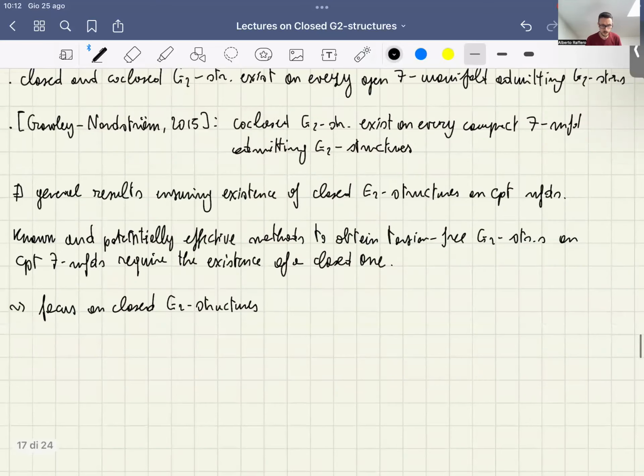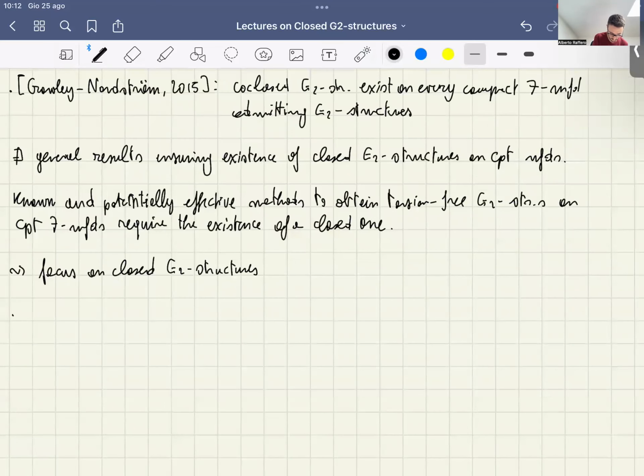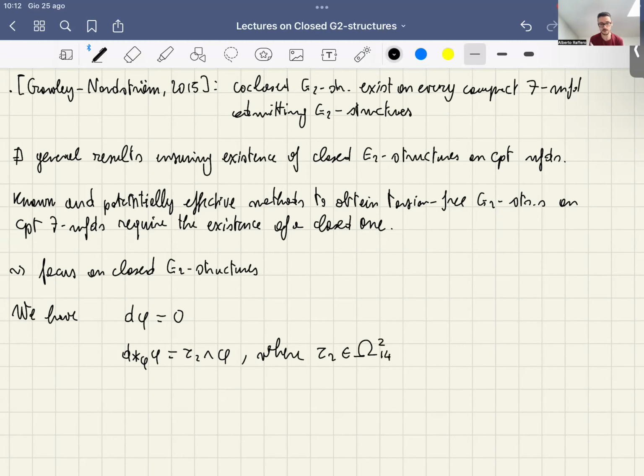And let me recall that in such a case, we have that by definition, the three-form is closed. And then if you remember the discussion about the intrinsic torsion forms, the differential of the four-form star phi is equal to a certain two-form tau 2 wedge phi, where this two-form tau 2 belongs to the space of two-forms that is pointwise modeled on the G2 irreducible 14-dimensional submodule of the space of two-forms.